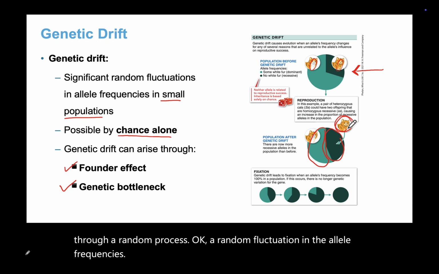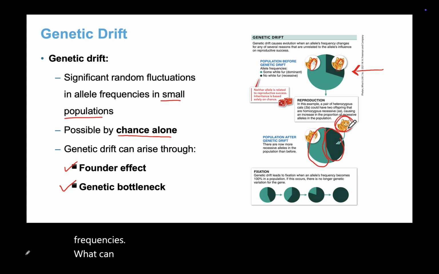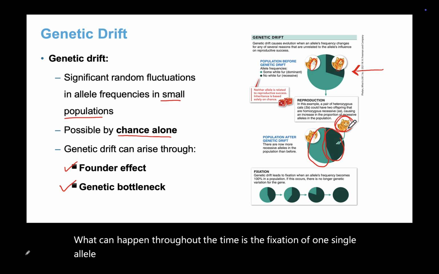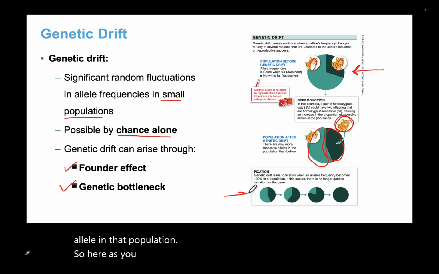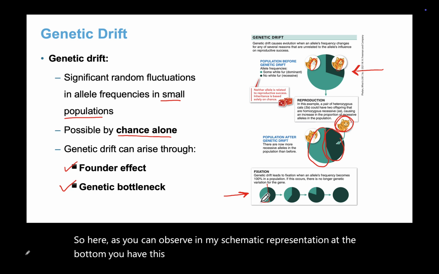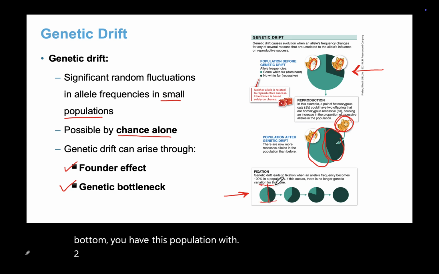What can happen throughout time is the fixation of one single allele in that population. So here, as you can observe in my schematic representation at the bottom, you have this population with two types of fur, let's say, two types of alleles.